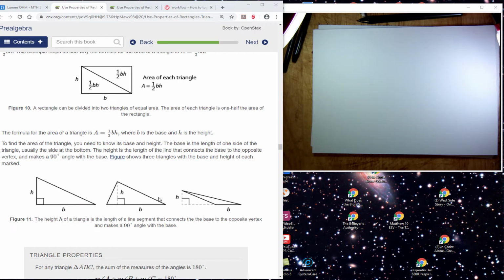Okay. Now when they're talking about height here, they're talking about vertical height. That's important. They're looking at vertical height, not slant height.